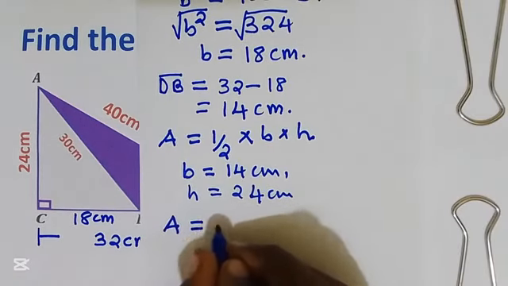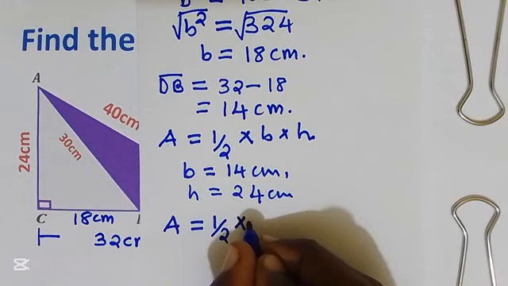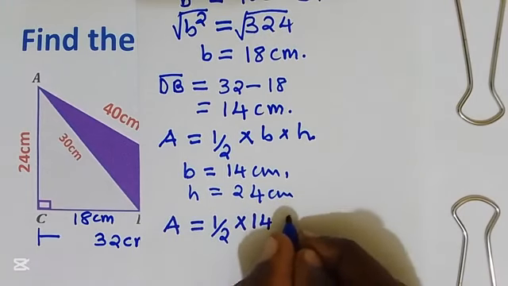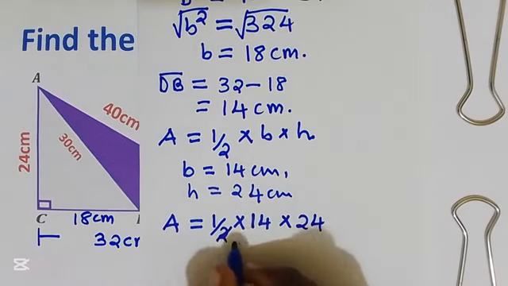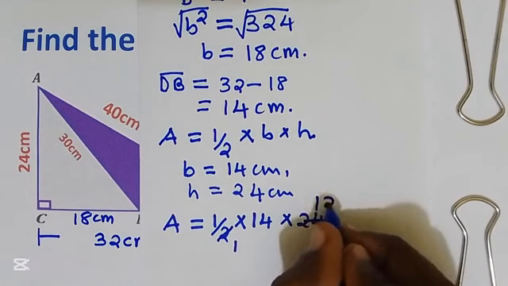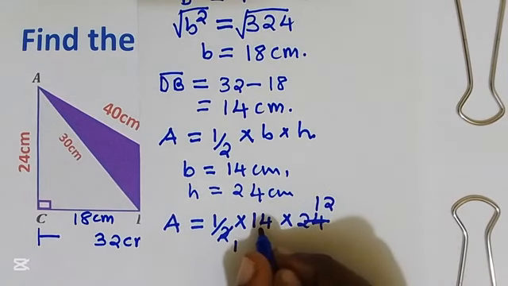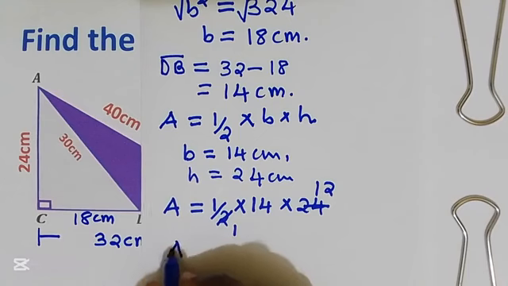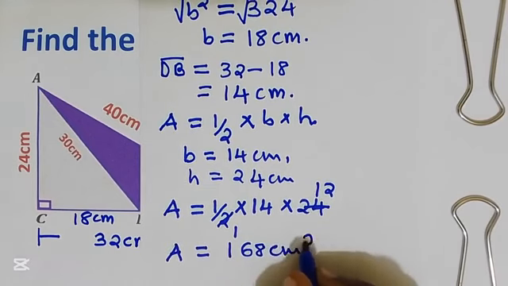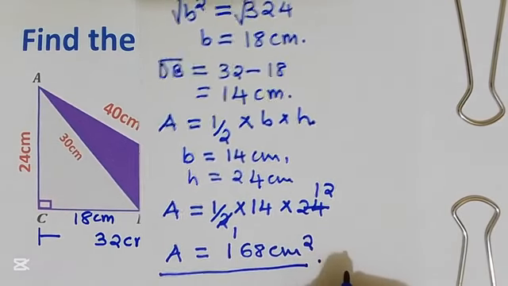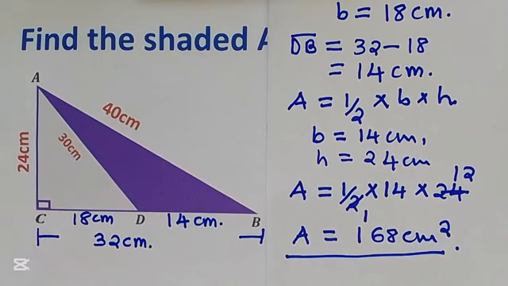Area is equal to a half multiplied by base, that is 14, multiplied by the height, which is 24, 24 by 2 is 12. 14 multiplied by 12, we got the area is equal to 168 centimeter square. So the shaded area, that is area painted purple, is equal to 168 centimeter square.